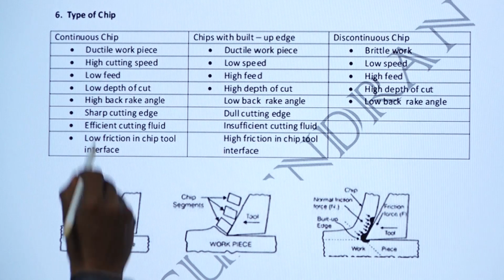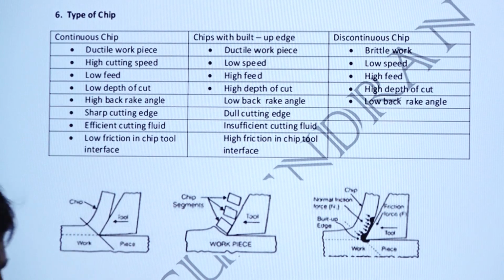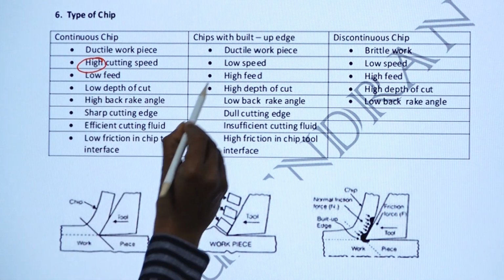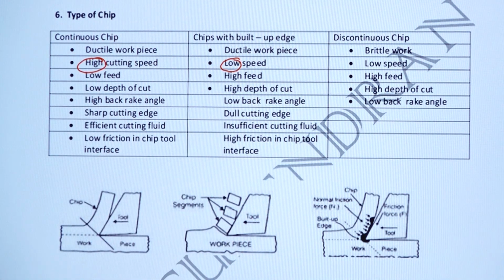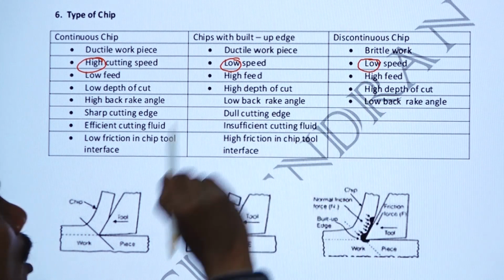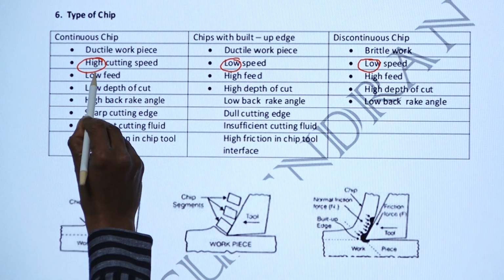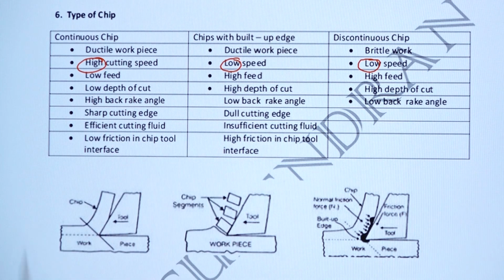For continuous chips the cutting speed is high; built-up edge occurs at low speed, and for brittle material, discontinuous chips also form at low speed. In continuous chips the feed is low, with the built-up edge the feed is high, and for discontinuous chips also the feed is high.